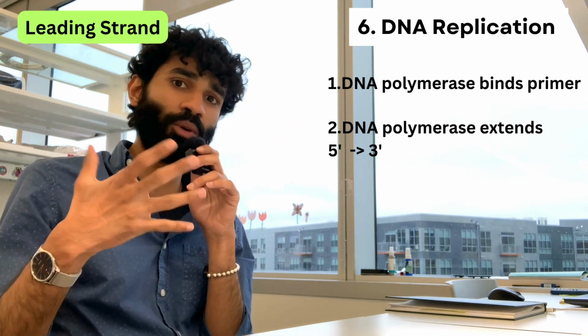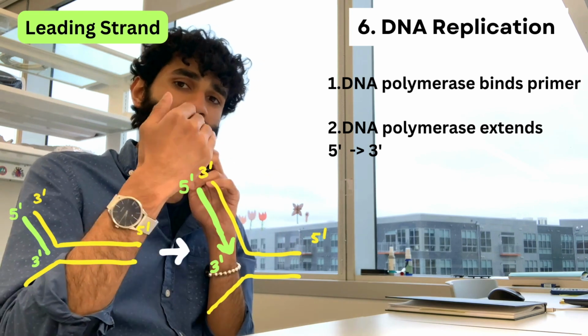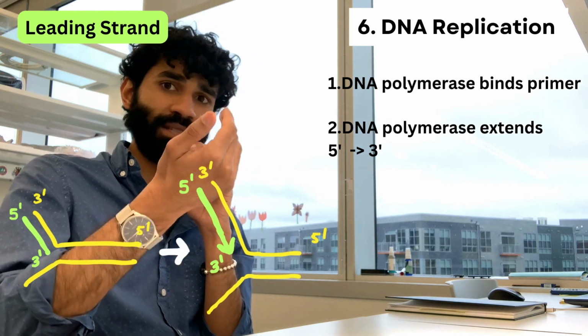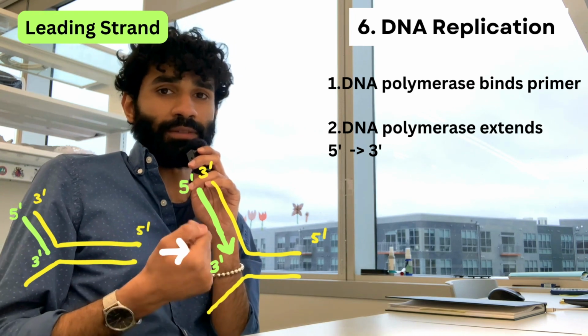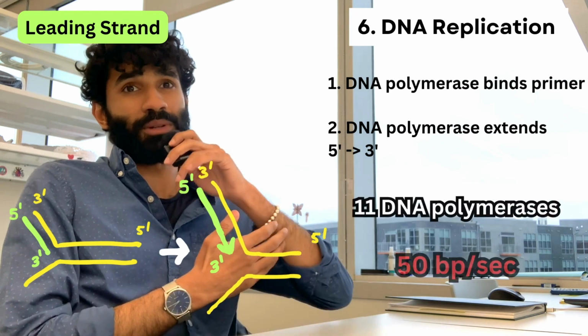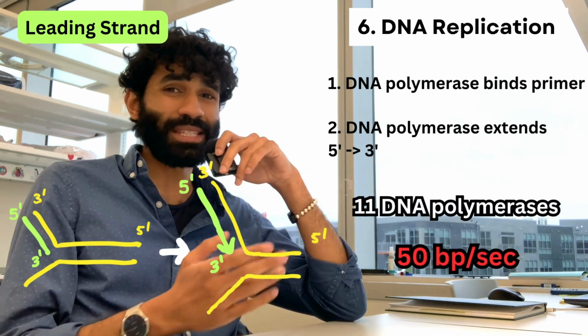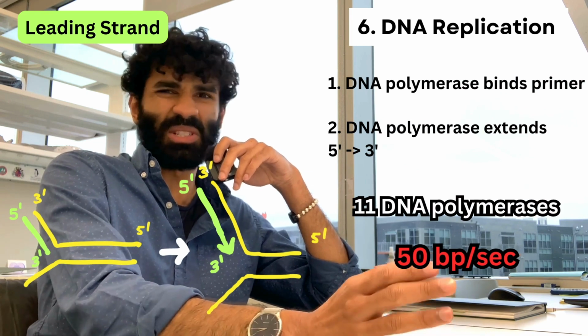So as it opens more, the DNA strand can just keep on extending more and more, because each time they're adding at the 3' end, it's just extending into the fork. In eukaryotes, we have 11 different DNA polymerases, and they lay down 50 base pairs per second. So it's insanely fast. And that's all you need to know about the leading strand.